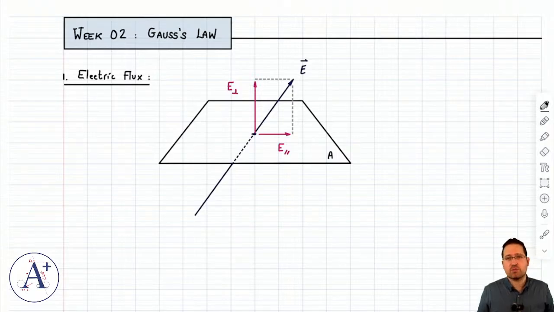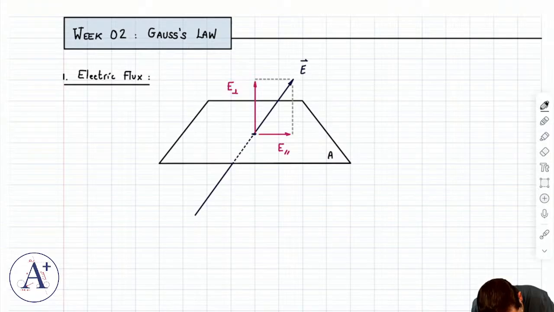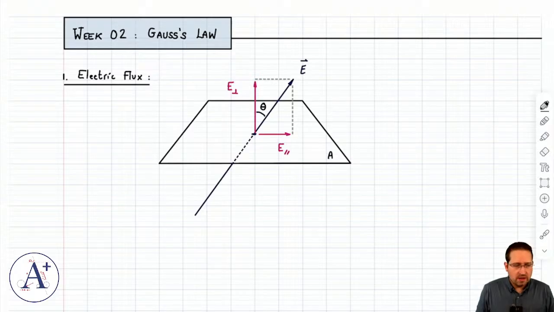Well, the normal just means perpendicular in math, and so the angle will be measured between the electric field and the direction perpendicular to the surface, which is going to be the vertical. So we're going to choose this angle to be theta. Okay? And we want to figure out how much of the electric field goes through the surface.